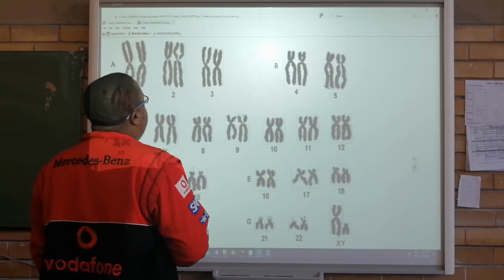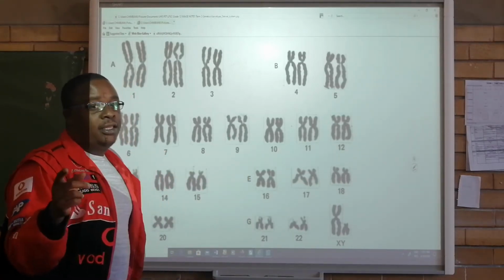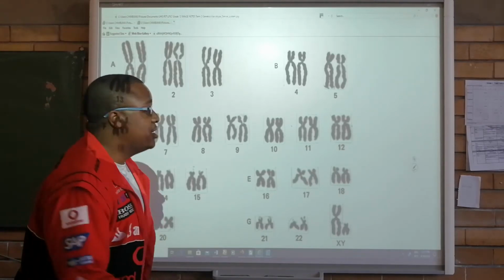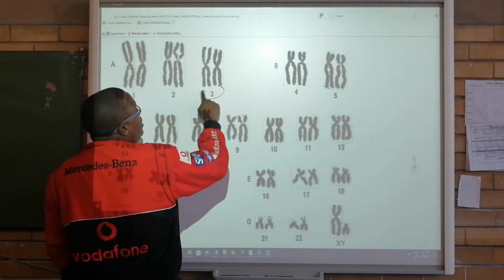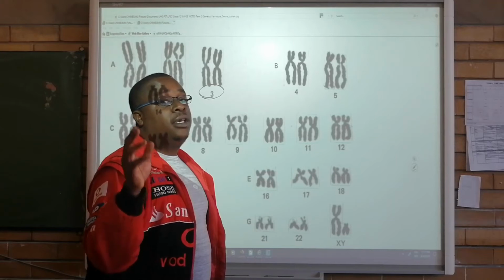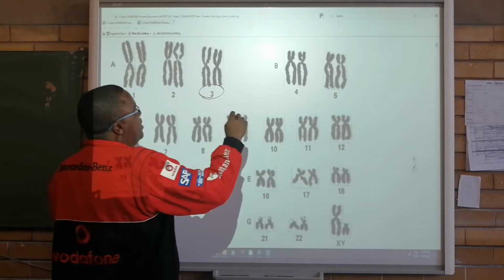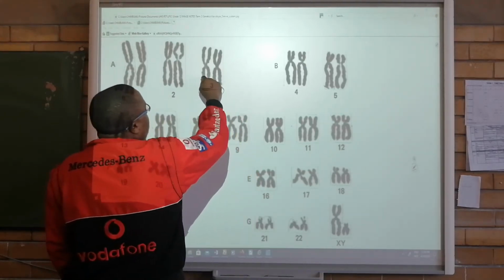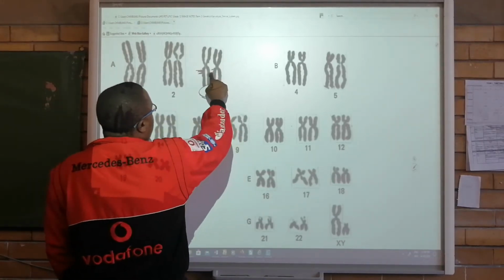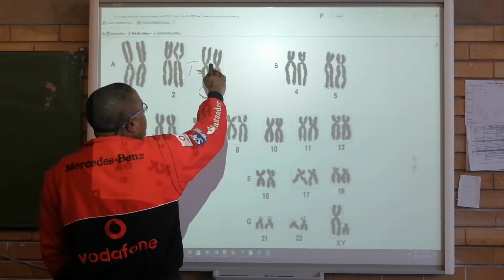And let's just pretend that the homologous chromosome pair that codes for height in people is chromosome pair number 3 in the karyotype of a pea plant. Let's also agree that this locus is where you find the alleles.